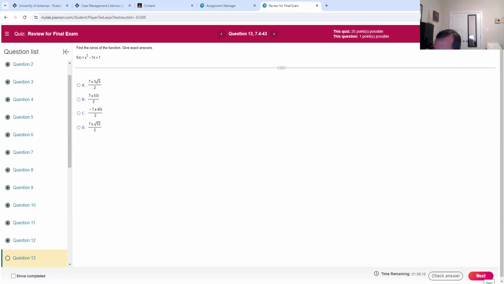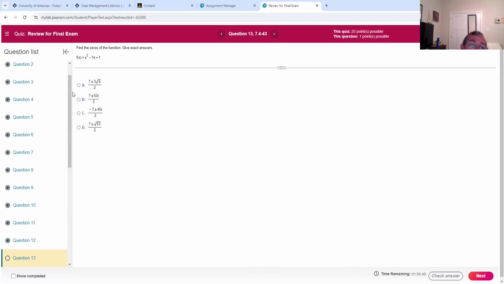All right, y'all, so number 13 here, find the zeros. All right, y'all, so I got what? F of x equals x squared minus 7x plus 1. And y'all, if you're looking at them four answers right there, when you see four answers like that, you know this ain't going to factor, okay?